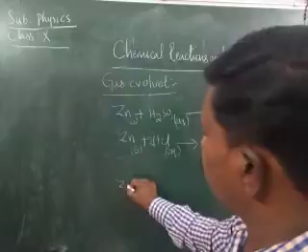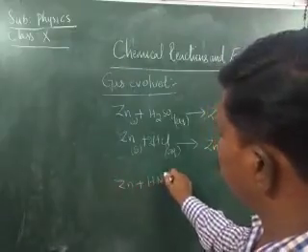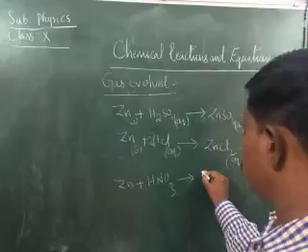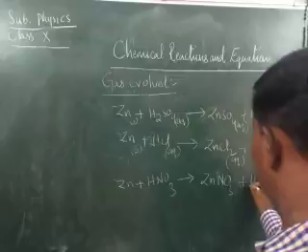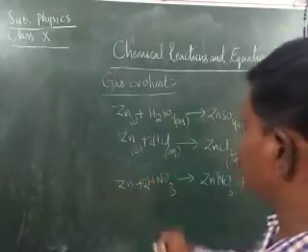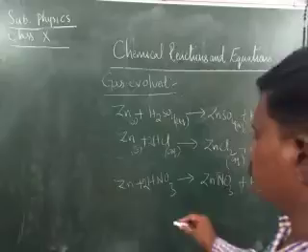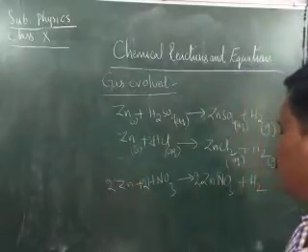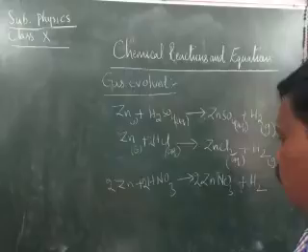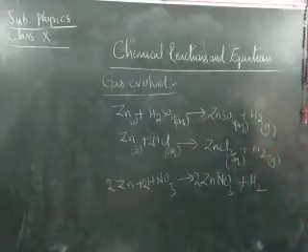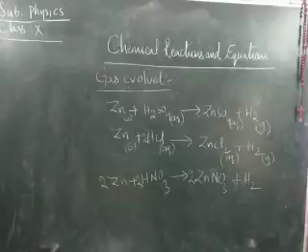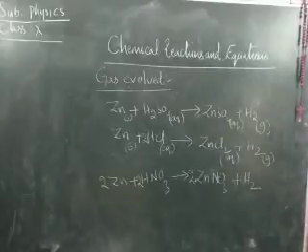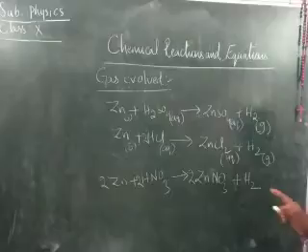Or zinc reacting with nitric acid gives zinc nitrate and hydrogen. Therefore a metal reacting with an acid always gives a salt and hydrogen, children.